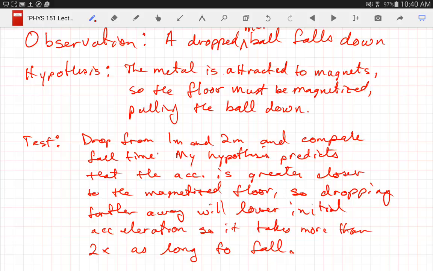And then the hypothesis is a reason why you think it occurred that's based on scientific ideas that would explain why it happened. Right. And then the test has to take a prediction from that hypothesis and test to see if it does in a different situation what your hypothesis predicts. Your test obviously is not going to go back to the same thing of your observation, or else you're just repeating your observation and not testing anything new.